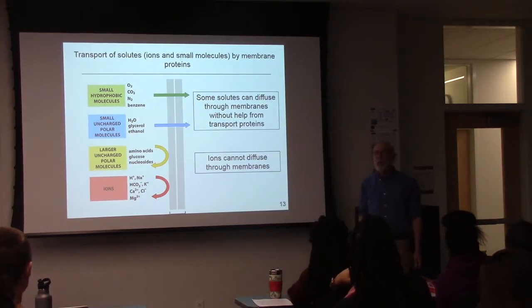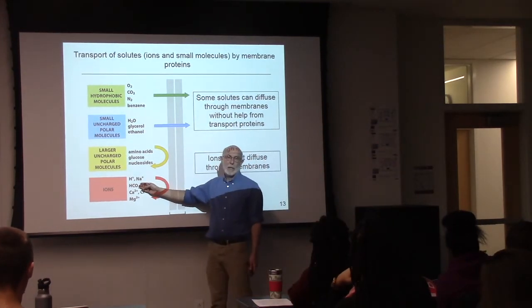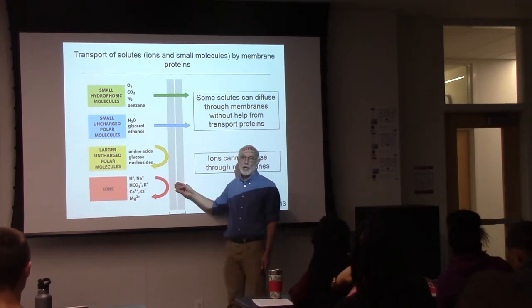Membranes are impermeable to ions because ions are so hydrophilic. They're surrounded by water. They're hydrated. And water and charge really have a high energy barrier for going through a non-polar solvent.